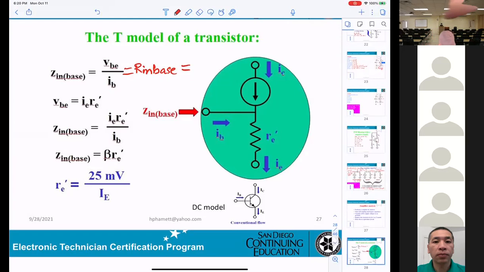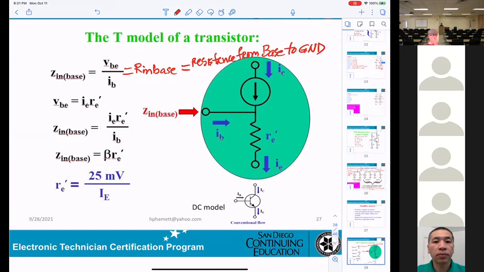R in base means resistance from base to ground. That means when I talk about RB, R in base, they are talking about the resistance from the base of the transistor to the common, to the ground.